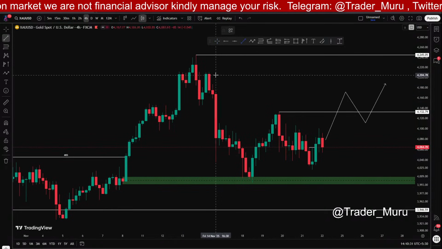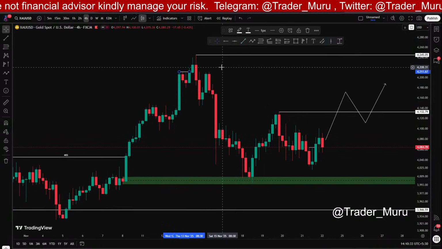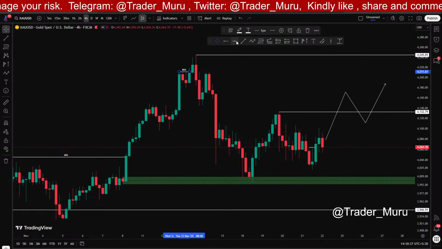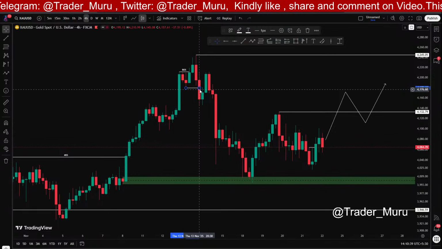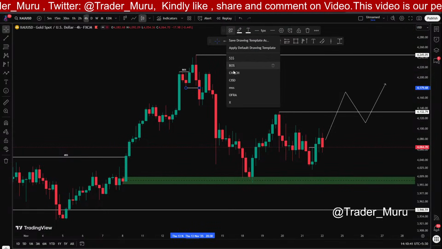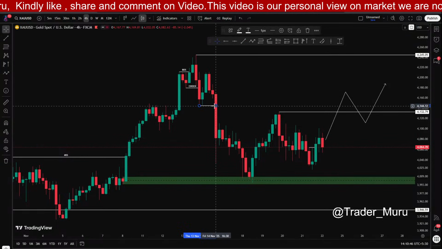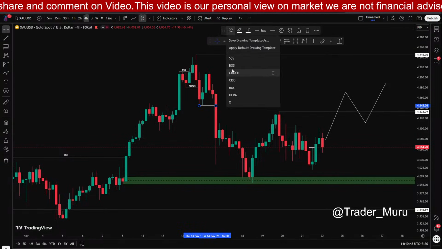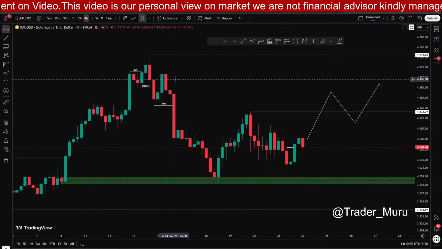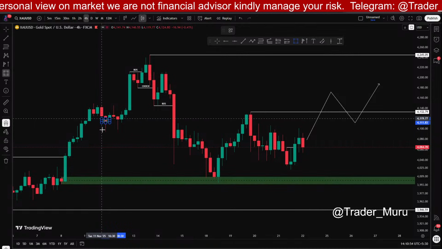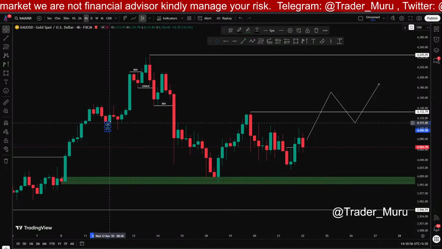So in the 4-hour time frame, structure is bullish towards this direction. After that we have this change of character, we have two candles closing below it, then we again have a break of structure and this massive supply area test here.